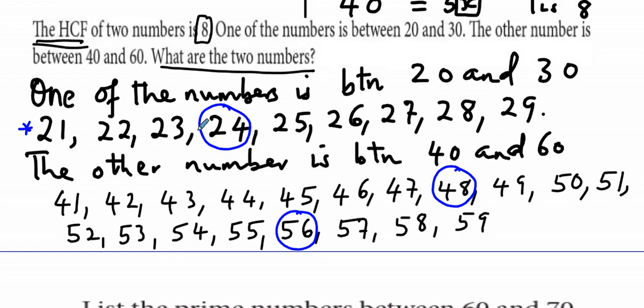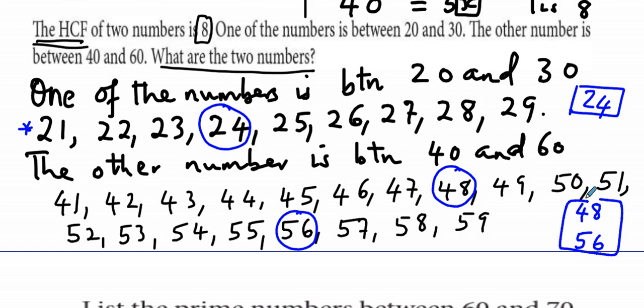So one of the numbers, I got it. I got one of the numbers is 24 from the first set of numbers. Now from the second set of numbers, we have two numbers. One is 48, another one is 56. Now we have to choose one from this list and combine with 24. That will give the highest common factor equal to 8.